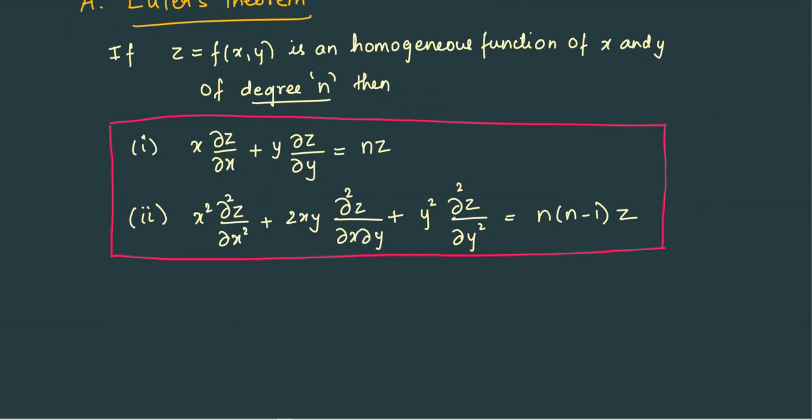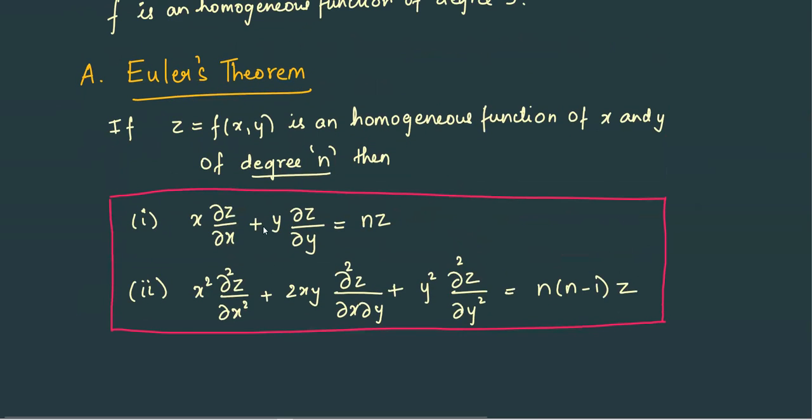So these are Euler's theorems. Sometimes a question is asked as an objective question, and if the left hand side is x dou z by dou x plus y dou z by dou y, directly we can answer it is n times z.